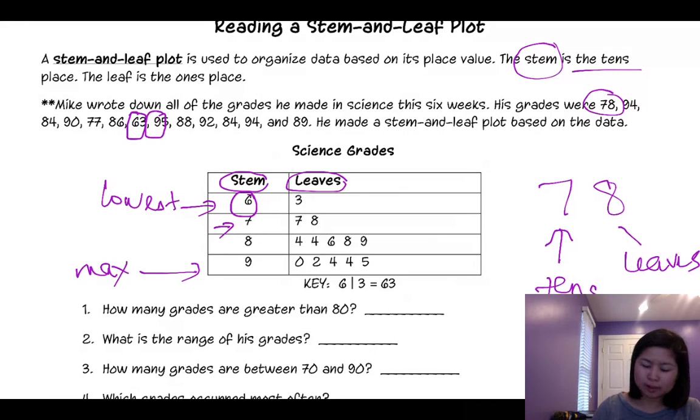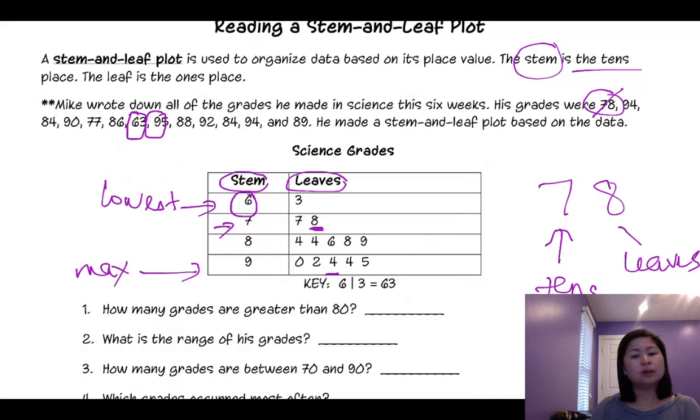And then for the leaf, I'm just going to write out the 8. You don't have to write out 78 again. So don't get confused with the 7. This 7 is another value. And when we do another one, the 94, keep in mind the 9 is already here, so we just need to write out the 4.